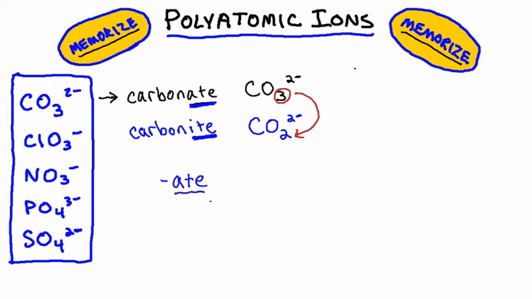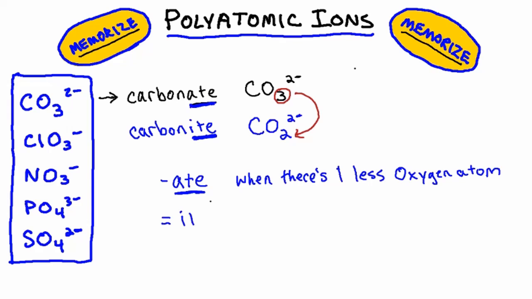When you have ate at the end of the word, that's the standard polyatomic ion. But when there's one less oxygen atom, you're going to call that with an ite suffix instead of ate. So carbonite has one less oxygen atom than carbonate.